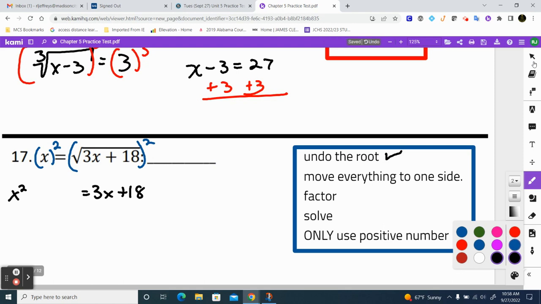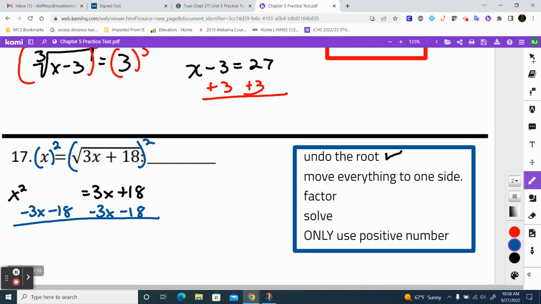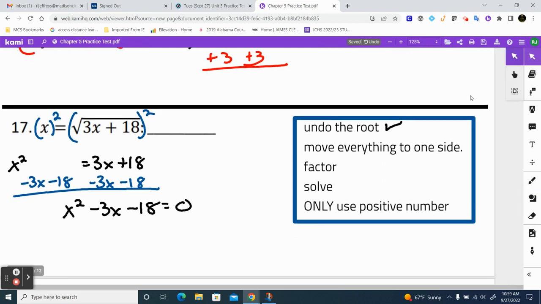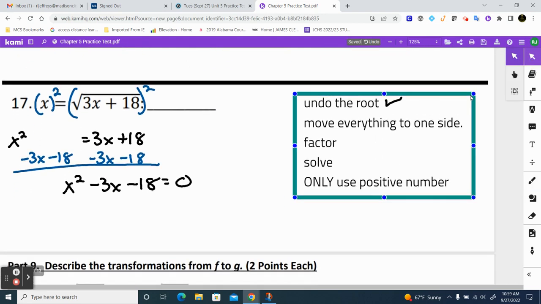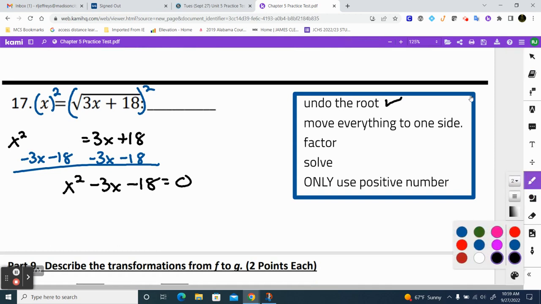Then it says move everything to one side. So we did that. We moved everything to one side.